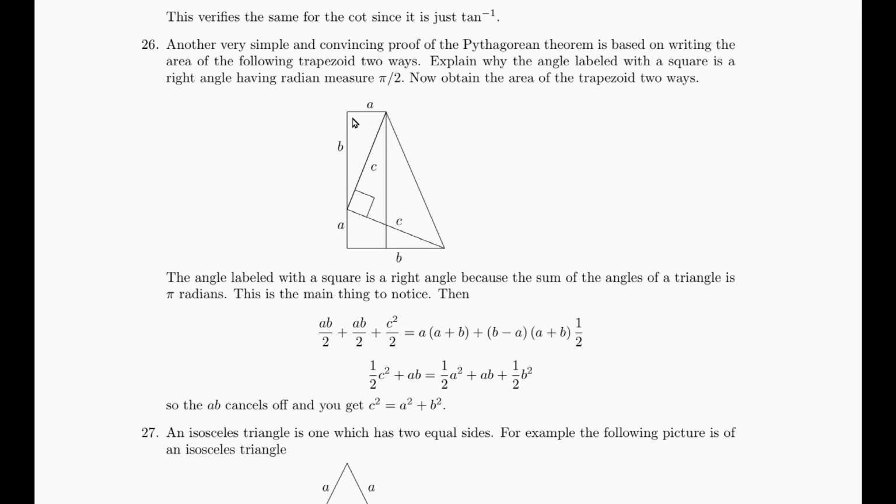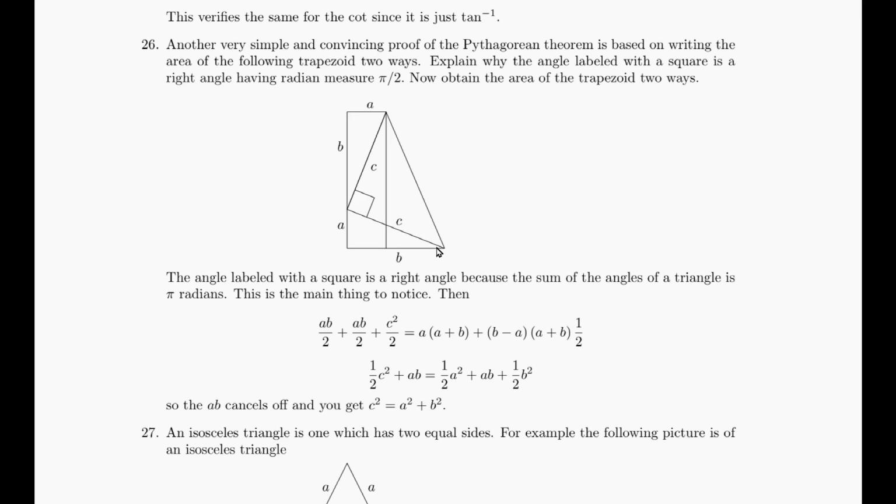Because remember, I showed in the chapter that the sum of the measures of the angles of a triangle is pi. Okay, now this is the identical triangle. So I have this angle plus this angle they add to pi halves. This one plus this one plus this one add to pi radians. Therefore, this angle is pi halves. So this triangle here is a right triangle, just like I've drawn it.